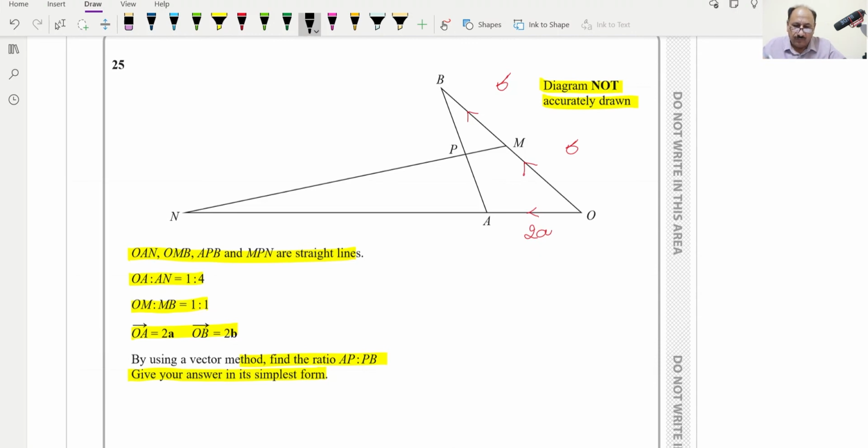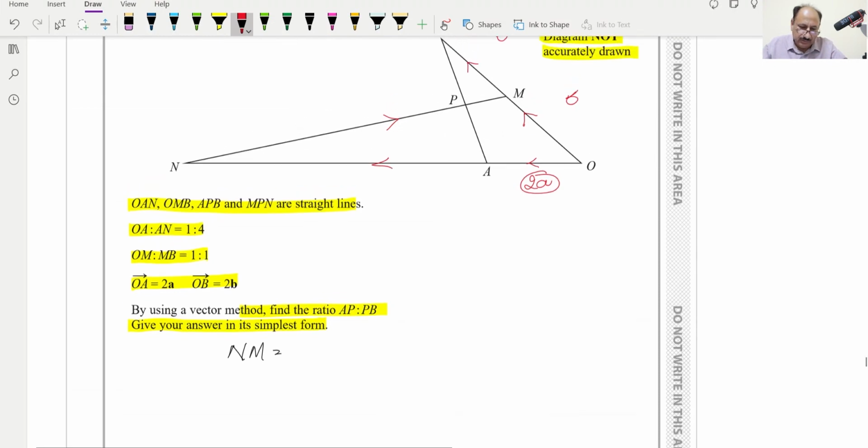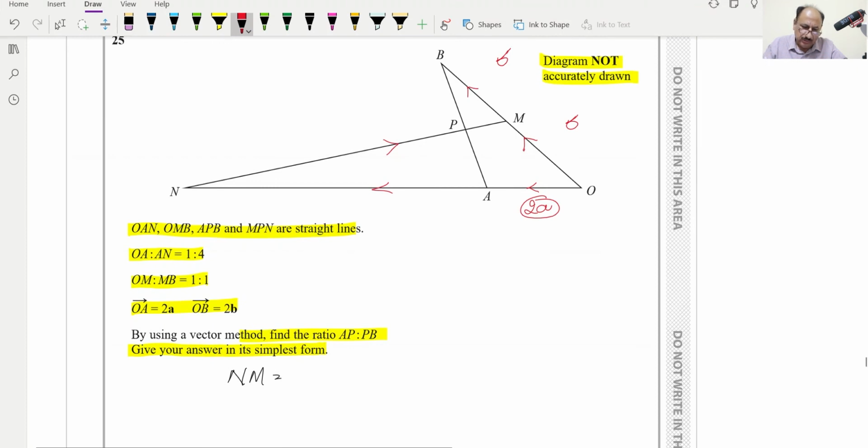Now for this one, we can write NM. NM will be in this direction. 2b is this one, and since the ratio OA to AN is 1 to 4, if this is 2a, this is 8a, and the total is 10a, but this direction is this one.